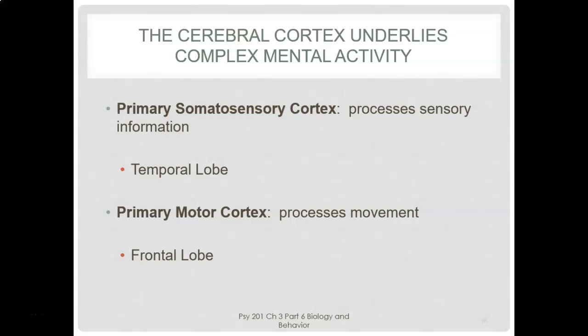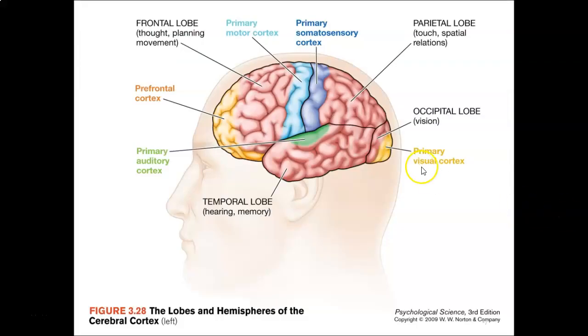It's on the parietal lobe because that's where the brain processes somatosensory information. The primary motor cortex processes movement, and that's on the frontal lobe. So here we see we've got our parietal lobe right here with the primary somatosensory cortex. And here we've got our frontal lobe with our primary motor cortex.